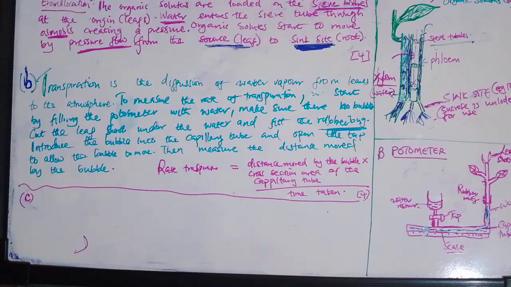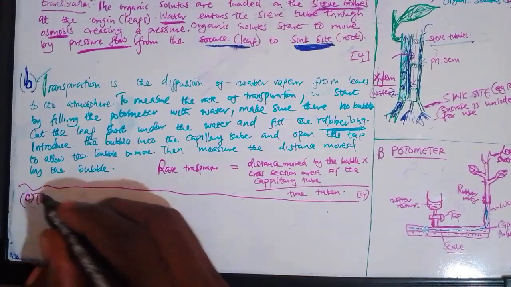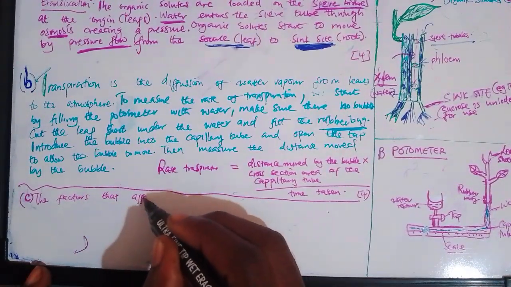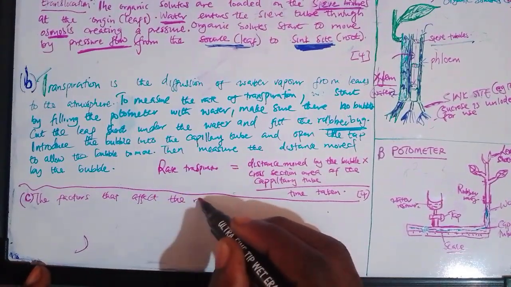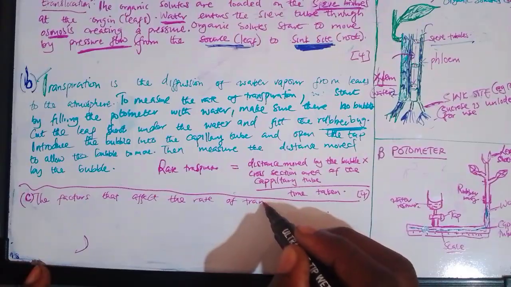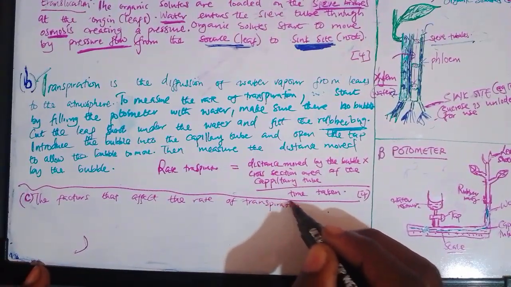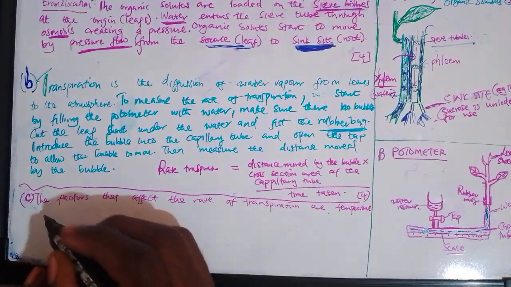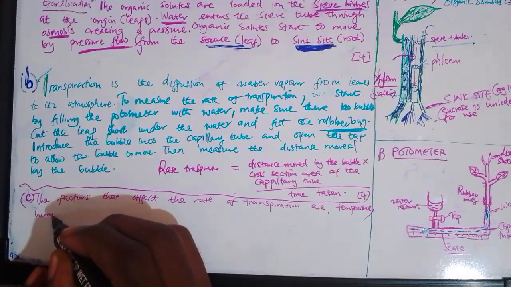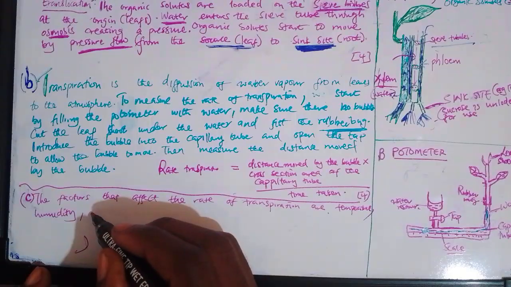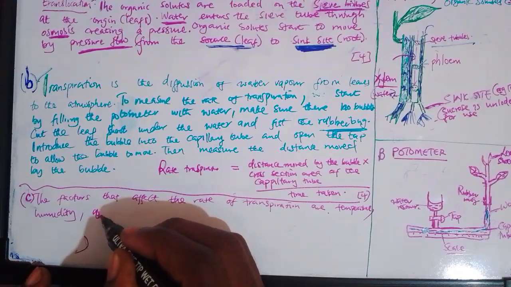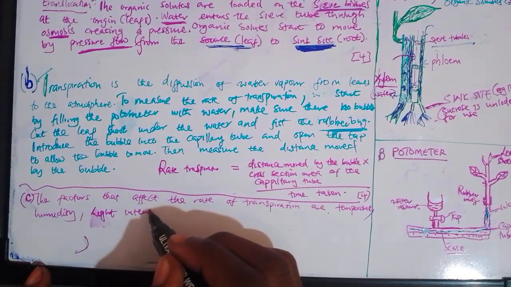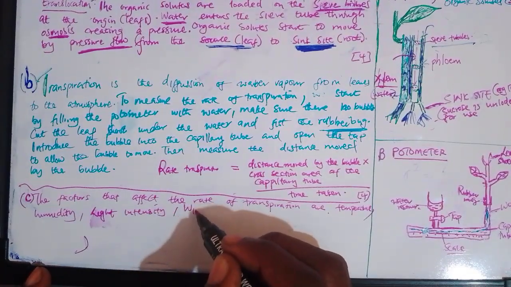So you can start by saying that the factors that affect the rate of transpiration are temperature, humidity, light intensity, and wind.